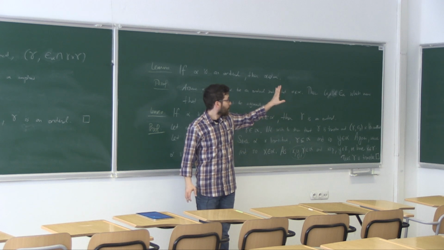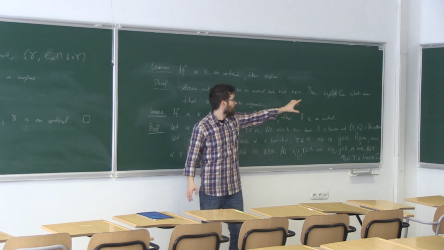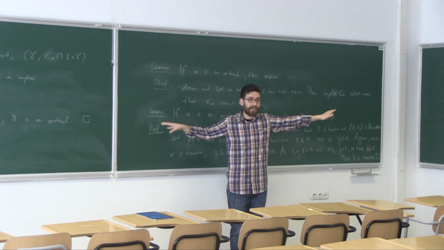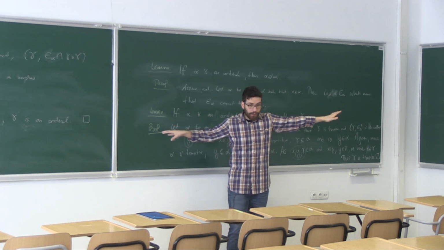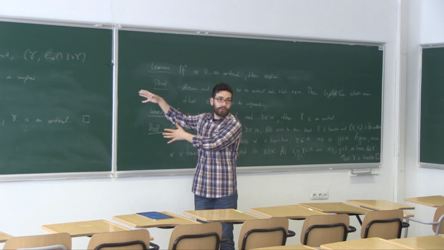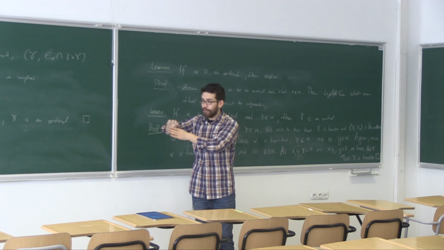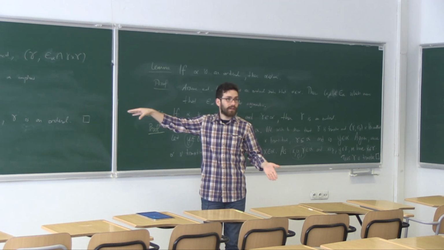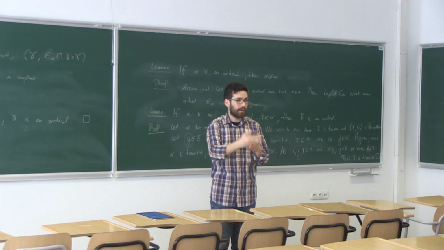Now, make sure that you study all these lemmas and definitions because, as I said, this is like the main core of the course. The topics after this point, including this lecture, are ordinals and cardinals.